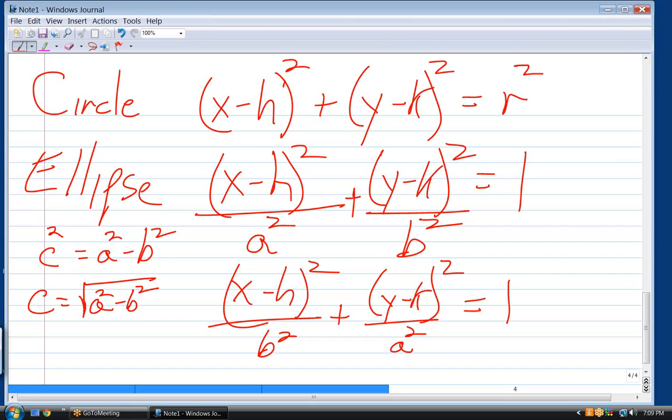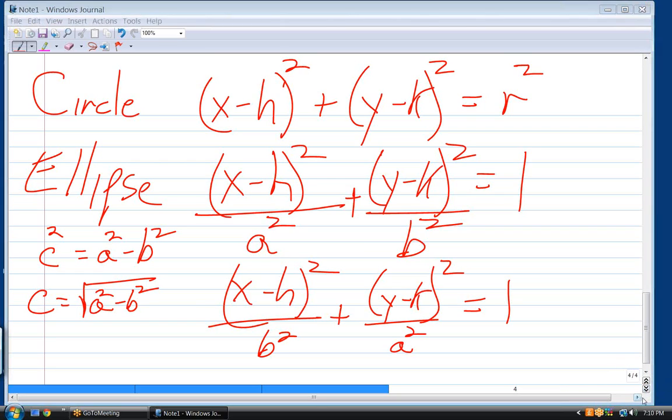In other words, if I've switched up my a and my b incorrectly, I won't be able to calculate c. So that's always a clue. If you're given an equation and you're trying to put it into the general format to figure out what's a and what's b, and you go to calculate c and you get the square root of a negative number, switch your a and your b.